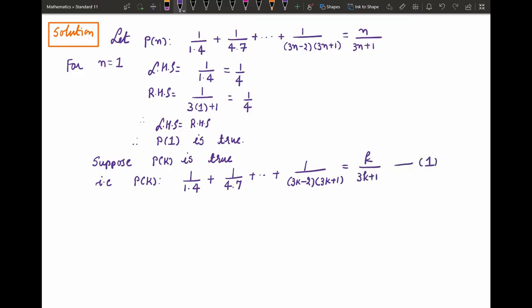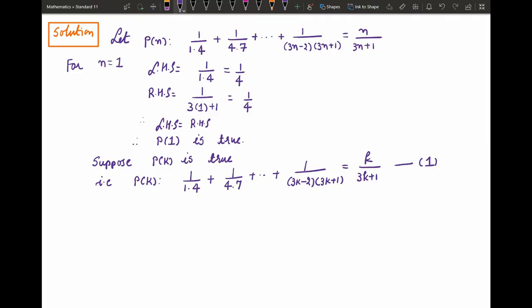Say result number 1. In the result statement, we have taken n equal to k because we have assumed that the result is true for n equal to k, and using this we have to prove the result for n equal to k plus 1.